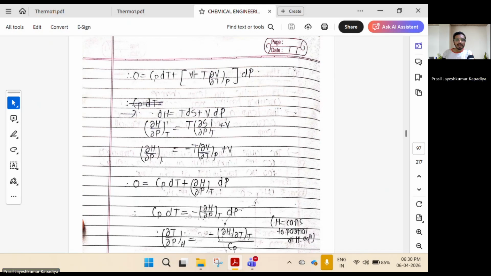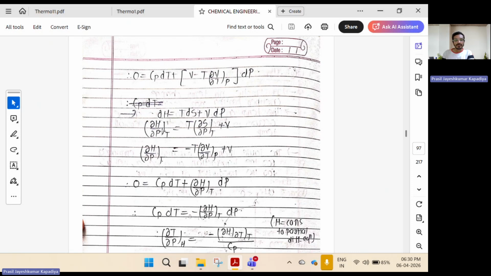Now from the Maxwell relation, we know that dH is equal to T dS plus V dP. I am differentiating this equation with respect to pressure at constant temperature.